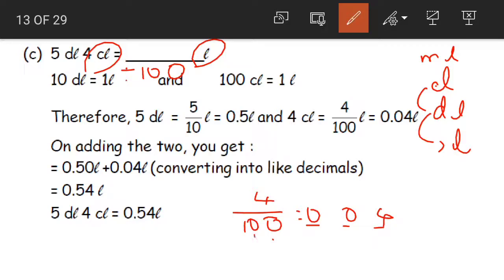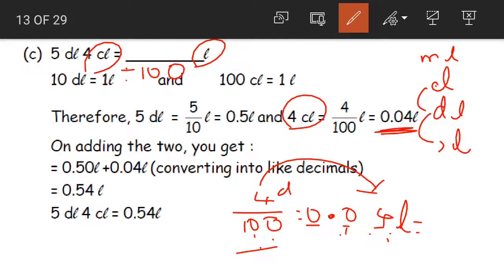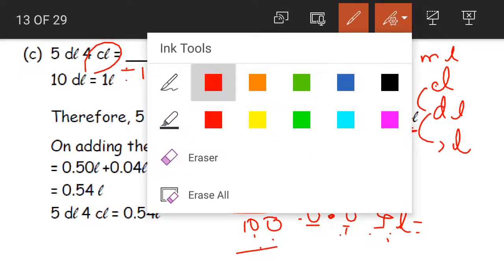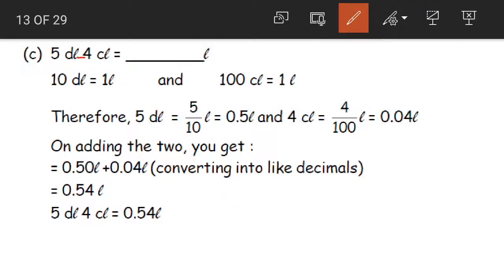We have 2 zeros in the denominator. So after 2 digits from the right, we'll place our decimal point. So our answer is 0.004. What will be the unit of measurement, children? Liters. As we've already divided, now these centiliters are converted into liters. So 4 centiliters is equal to 0.004 liters.